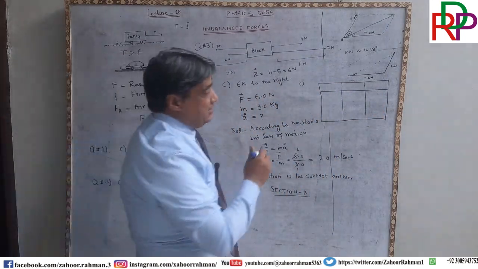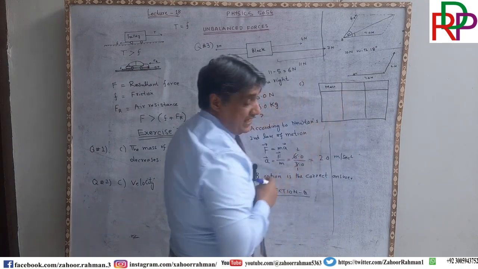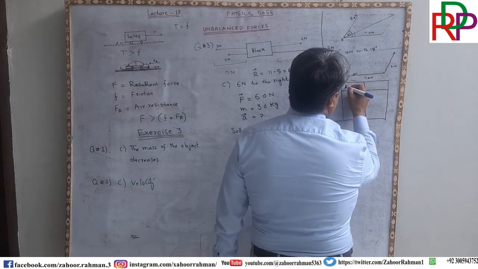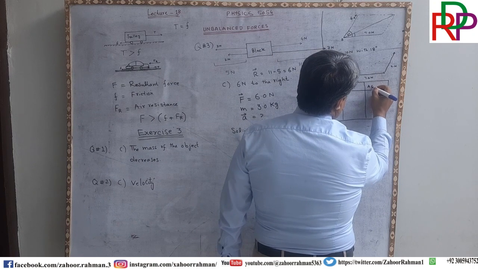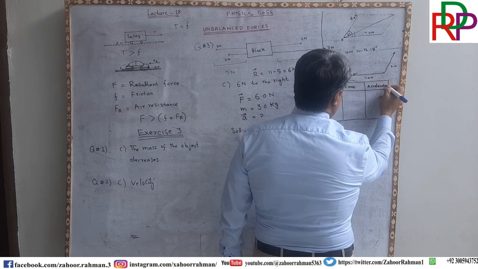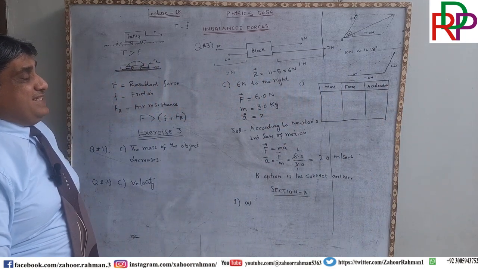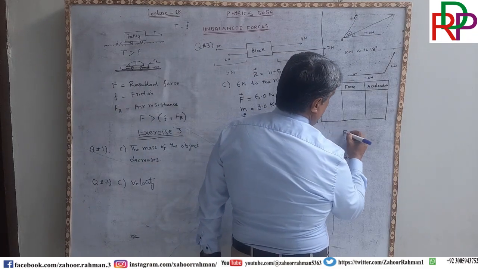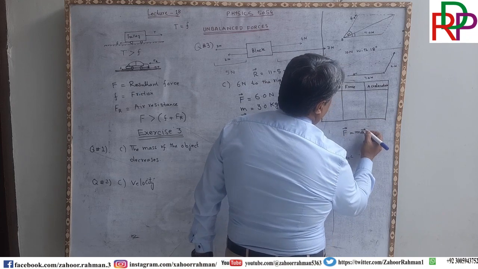The first quantity is mass, the second quantity is force, and the third one is acceleration. Seeing these three quantities at the same time, one formula comes to mind, and that is Newton's second law, which is F = ma.